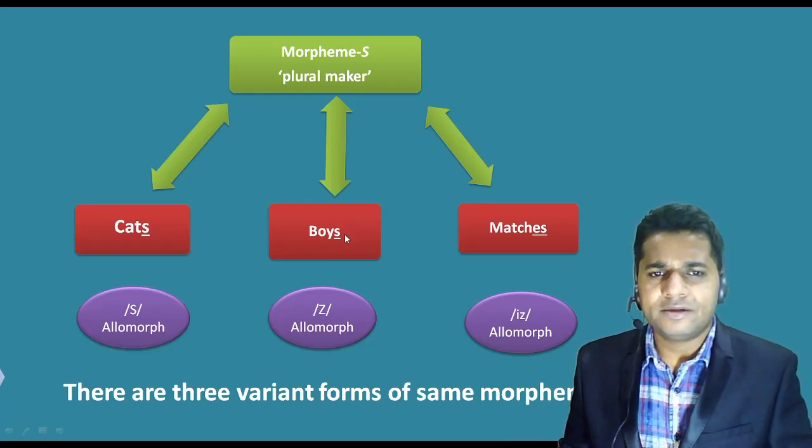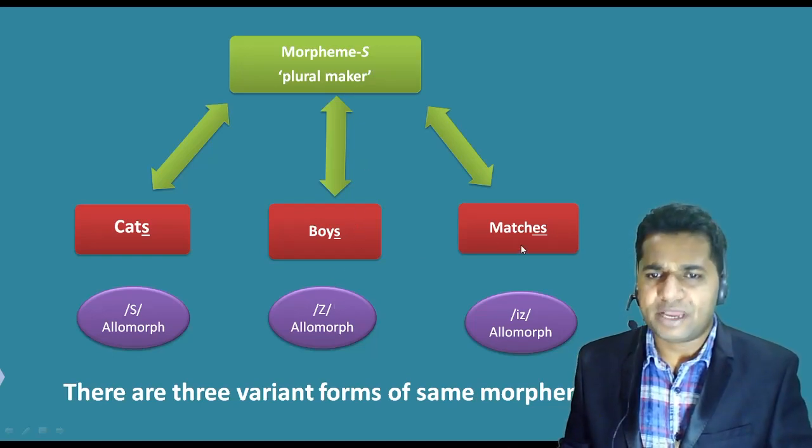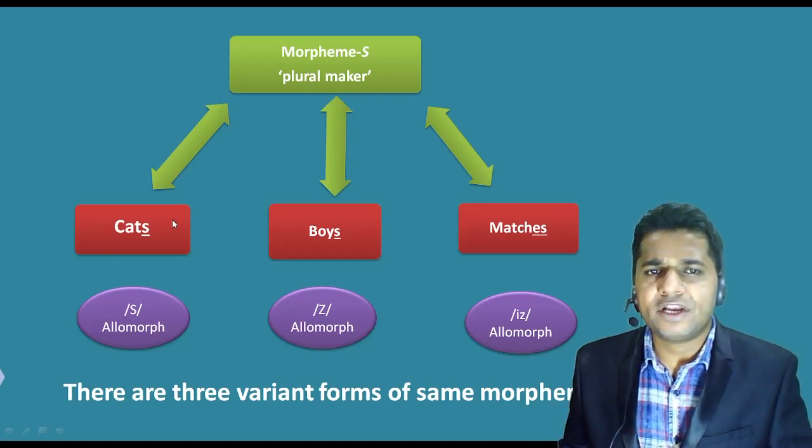So it's an allomorph of S. That's the Z sound. If you see the last word, matches, in this word the last one is ES. ES stands for IZ. So this S morpheme has got different variations, different variants of S.